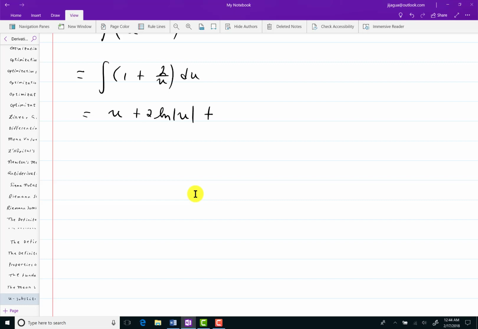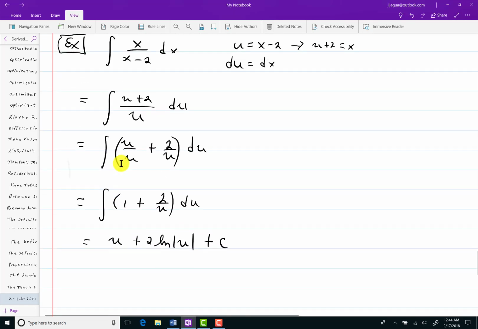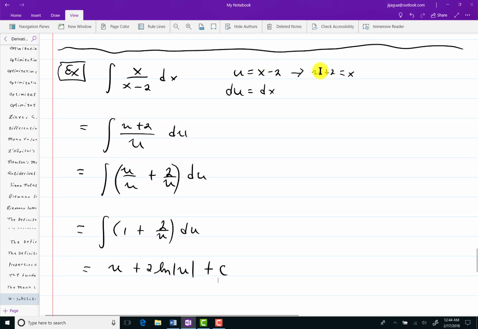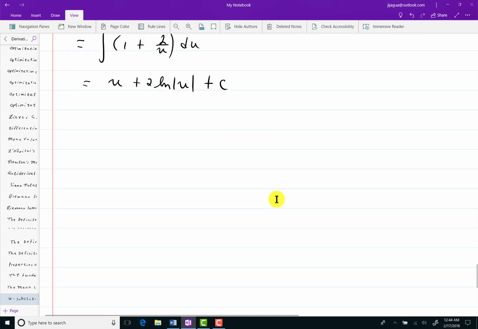Don't forget the plus c. Now I'll put my u back. What was my u? I forgot it. My u was x minus 2. So this equals x minus 2 plus 2 ln absolute value of x minus 2, plus c. This is a correct answer.